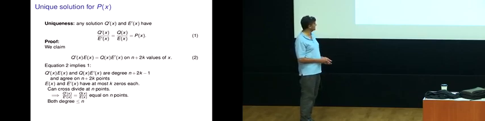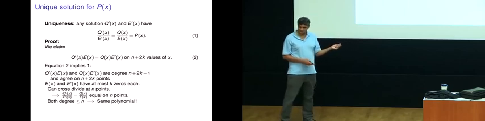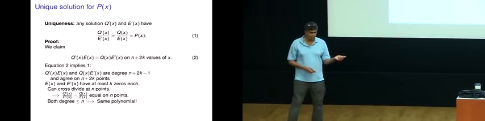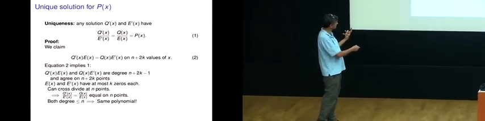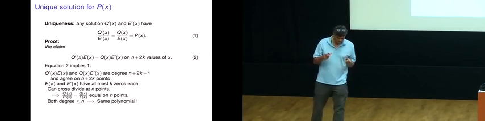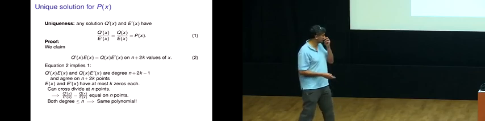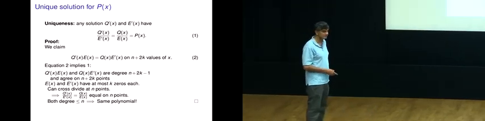There's a unique polynomial. Whatever polynomial you get from this division process here and the division process here, those two polynomials are equal on n points and are of degree n minus 1, so they must be the same polynomial. Okay? That's the proof there.